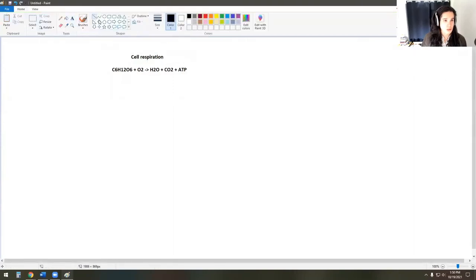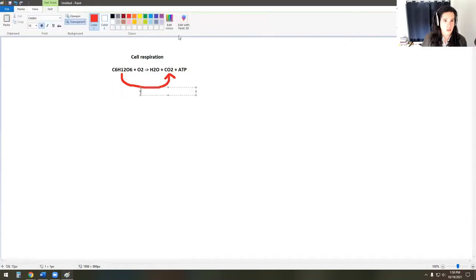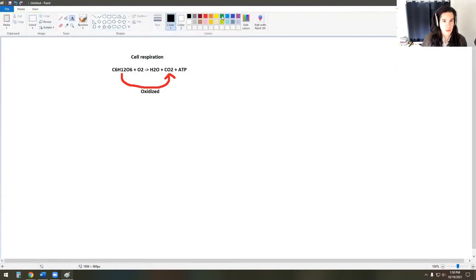And so the way I would draw this is, C6H12O6 is oxidized. It eventually becomes CO2. It's oxidized. And then what is reduced? Oxidized gets smaller parts.